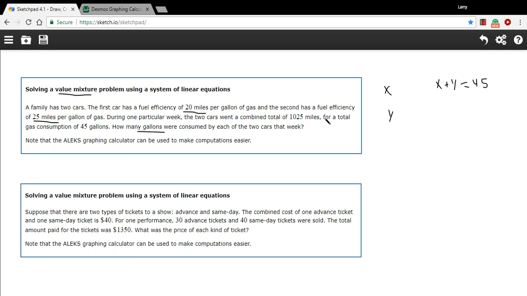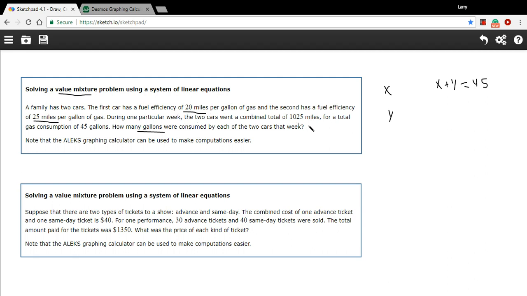What's the other piece of information we're being given here? Well, we have their rates here, their miles per gallon, but then we're being told they drove for 1,025 miles. To figure out an equation from these pieces of information, what you need to realize is that this 20 miles per gallon is how many miles you get out of a gallon. If one of the cars uses up X number of gallons, it's going to go X times 20 miles on those gallons of gas.